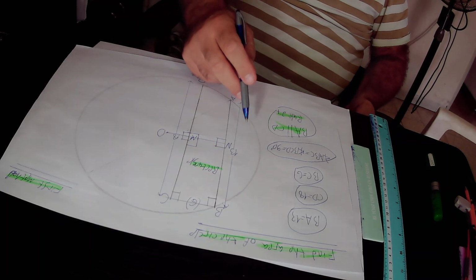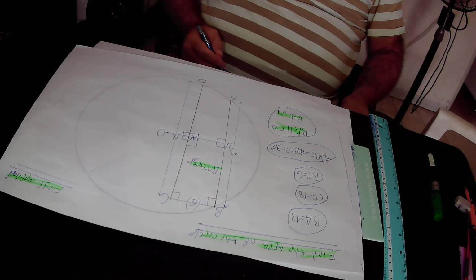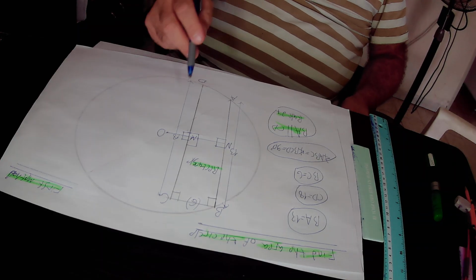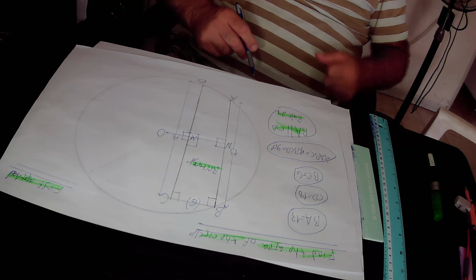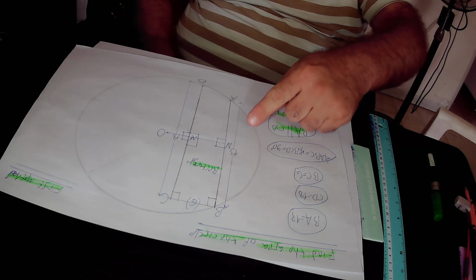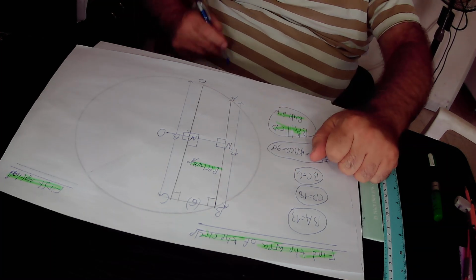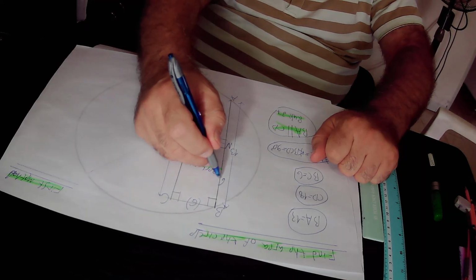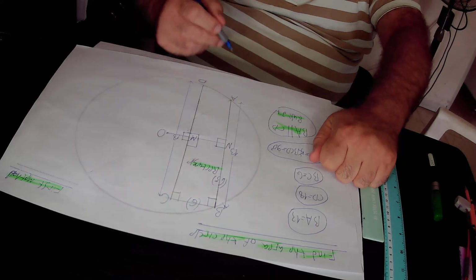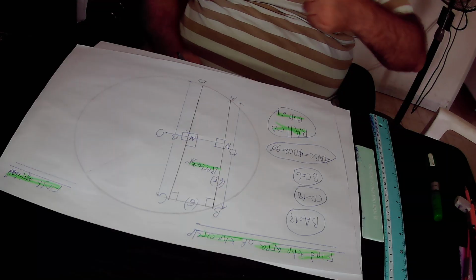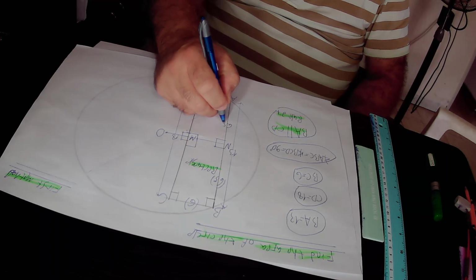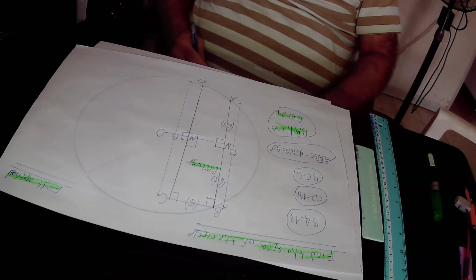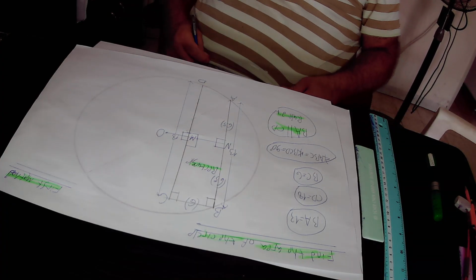BA in total equals 13, and perpendicular ON bisects chord BA. So the first half BN must be equal to 13 over 2, that is 6.5 according to rule 19. And the second half NA must also be equal to 6.5 units in its length, according to rule 19.